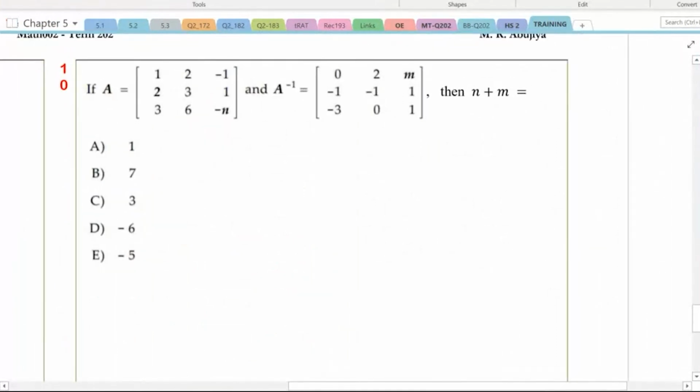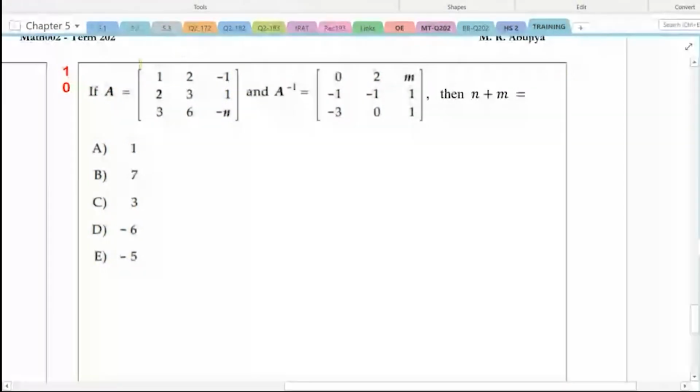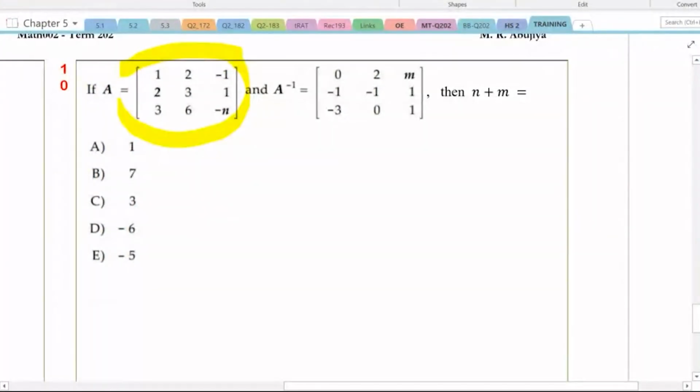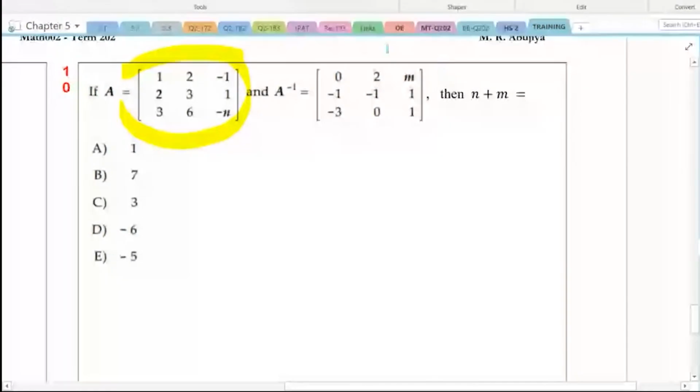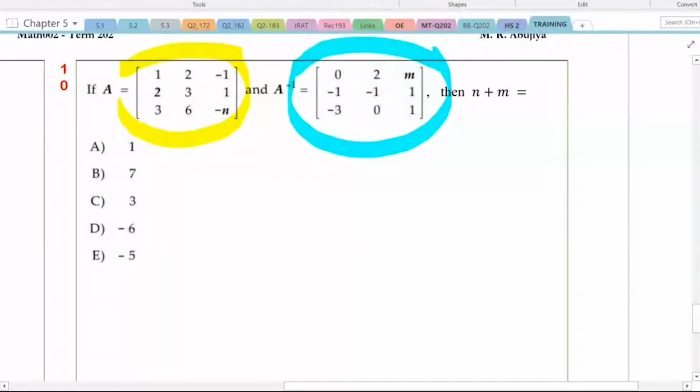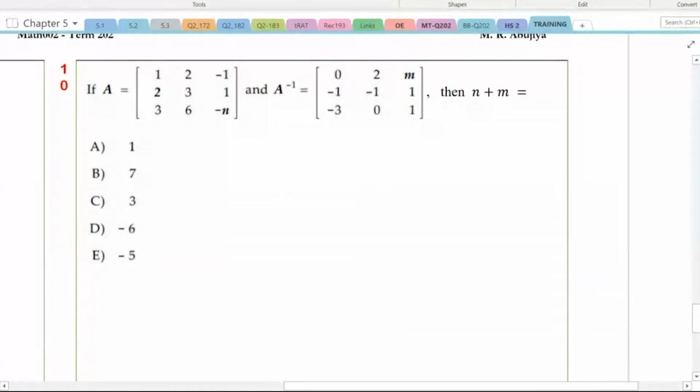Example number 10. The question says, if we are given the matrix A, and we are also given the inverse of A, then what is m plus n? Of course, we can answer this question in 2 ways, or more than 2 ways.